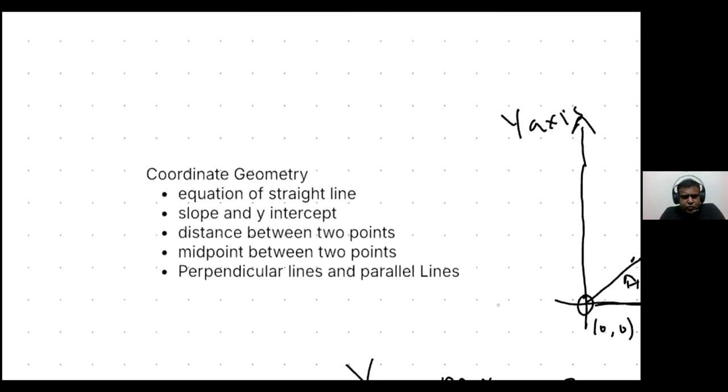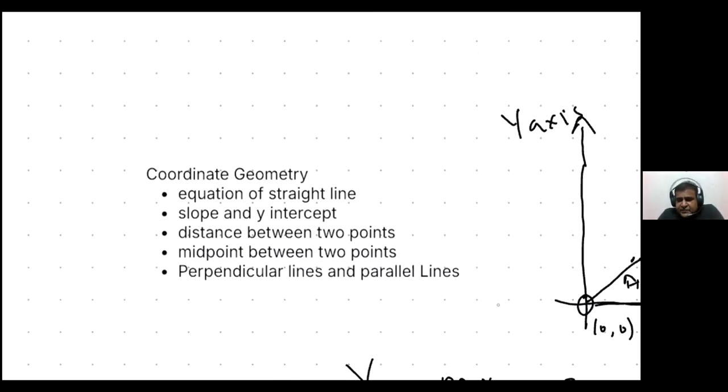Sometimes they do give us 1 point, one equation. We need to find the second equation of line. Sometimes they give us two coordinates. They ask us distance between 2 points, midpoint between 2 points, equation of the line, slope of the line, y-intercept. Sometimes they give us two equations and we need to prove whether it's a parallel line or a perpendicular line.